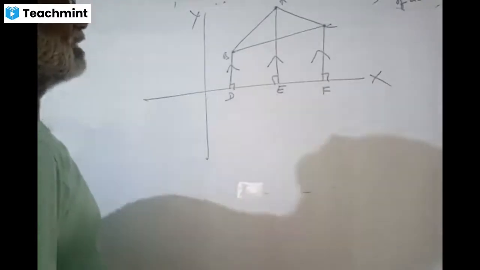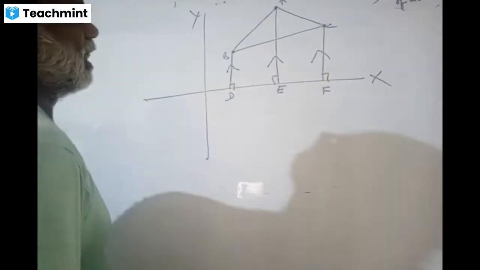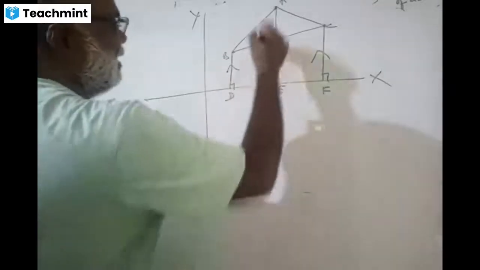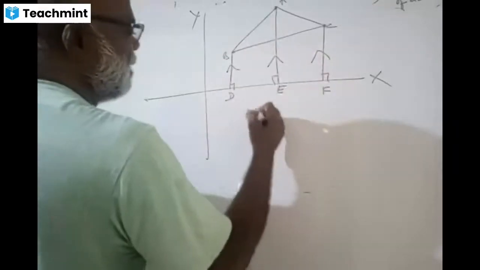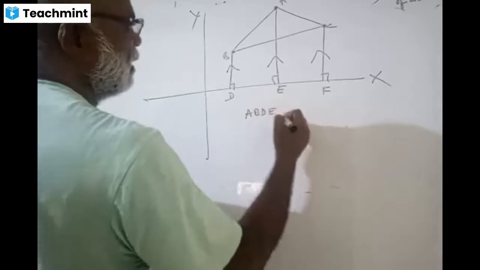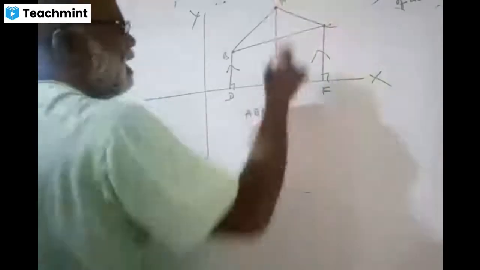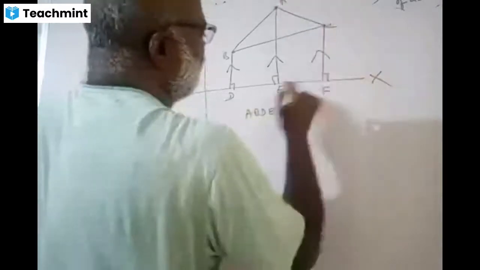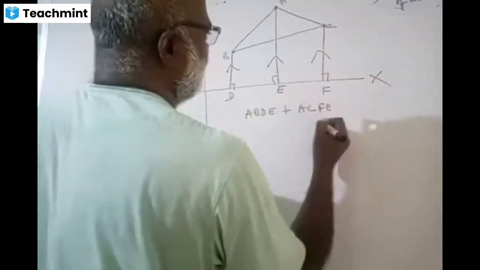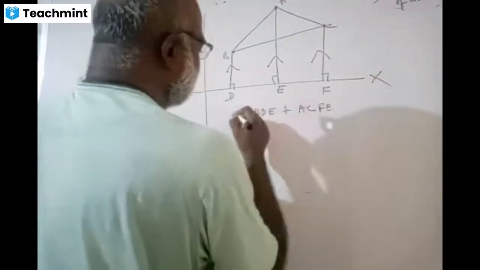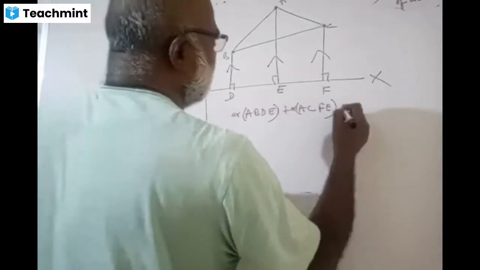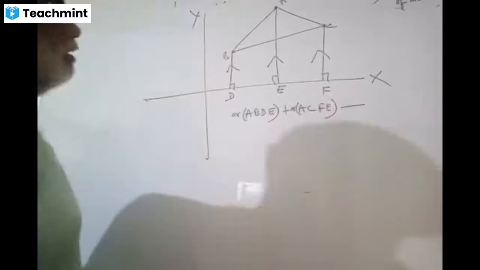Area of a triangle is nothing but ABDE plus AEFC, or ACFE, minus area of this and area of this.